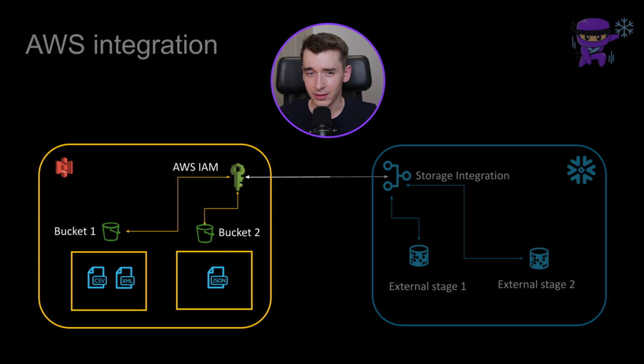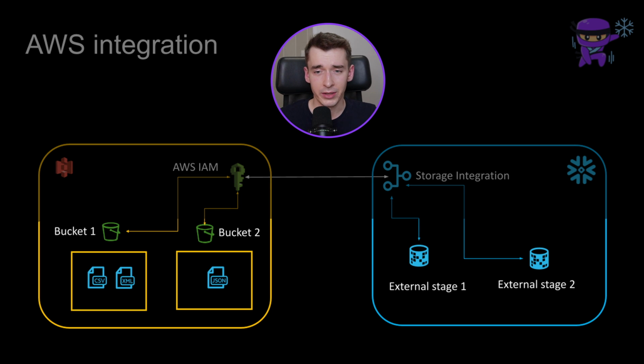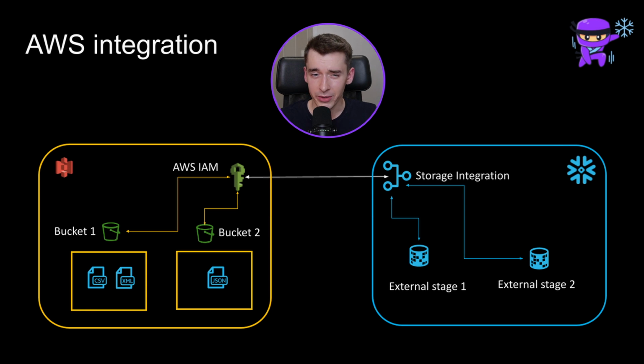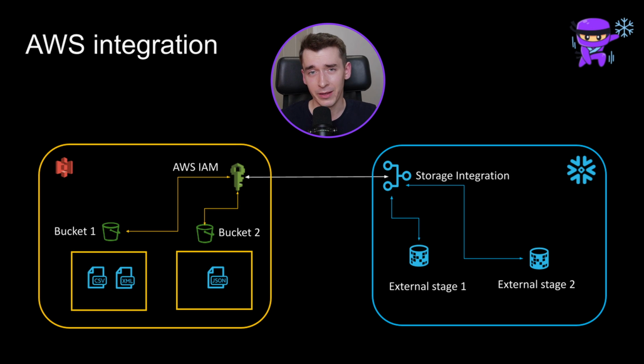It creates a single IAM user used by all S3 storage integrations in your Snowflake account. So, when a user loads data to a stage, Snowflake verifies the permissions granted to the IAM user on the bucket before allowing or denying access. Once created, storage integrations can be used in multiple external stages to get data from many different buckets.